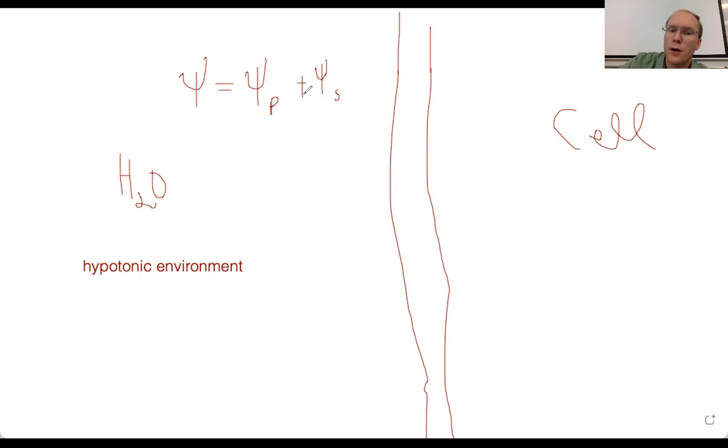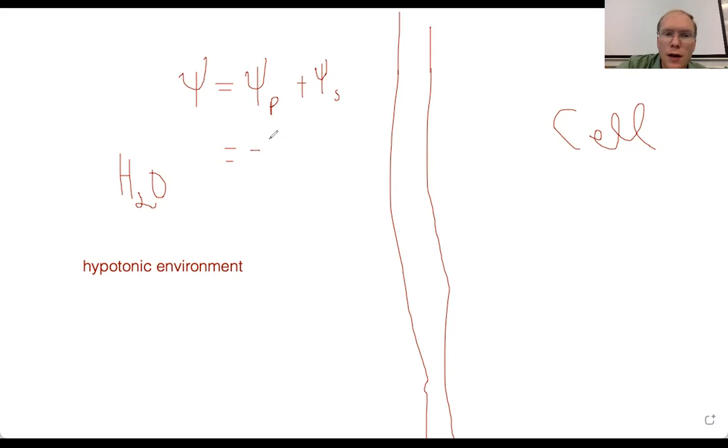We have no pressure. But by putting this in a hypotonic environment, the cell still has some solutes. It still has solutes. So this is going to be a negative term, and this is going to be 0, because it's going to be decreased because it's just pure water. We don't have any solutes in there.